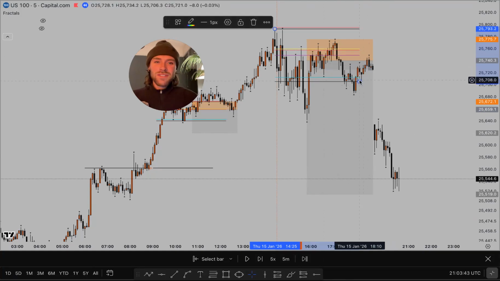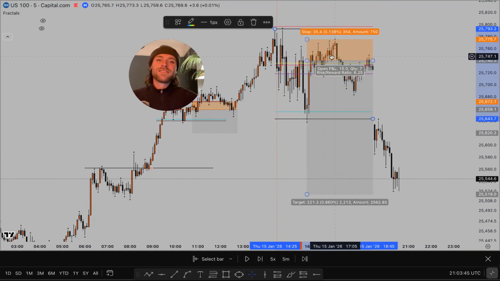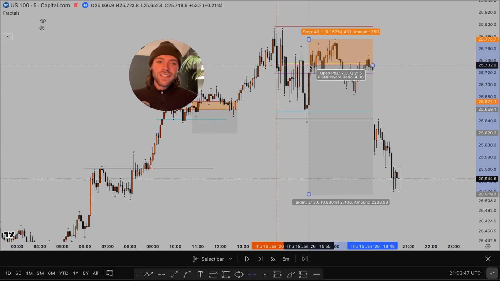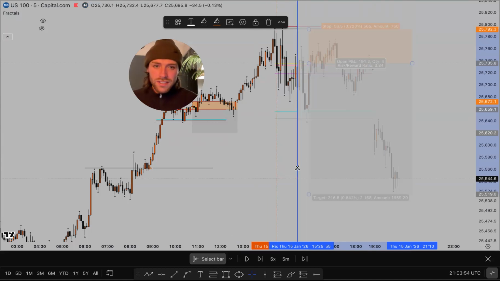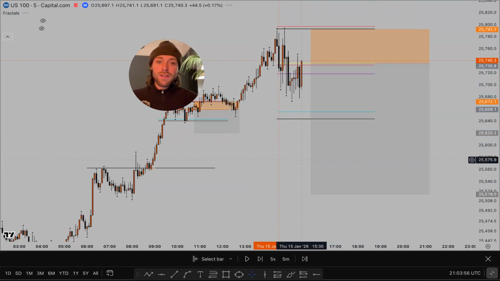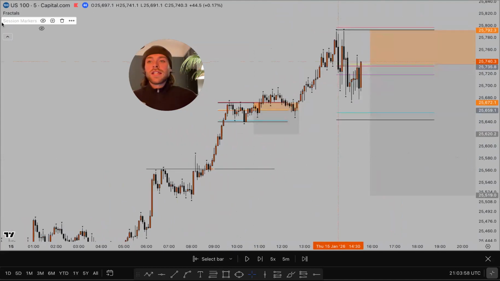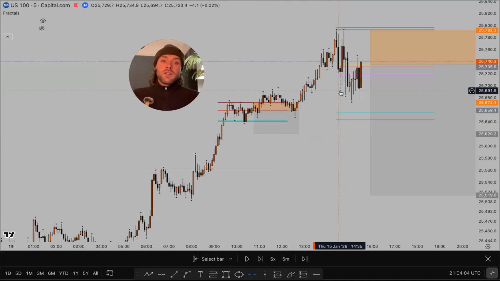We have to measure the break of structure from here, get entered in here, and stop goes here. There we go. Let me replay that a little bit. I literally messed this up today, so be very careful. That's why I would suggest maybe not using the indicator, or just remember that the NASDAQ opens later.